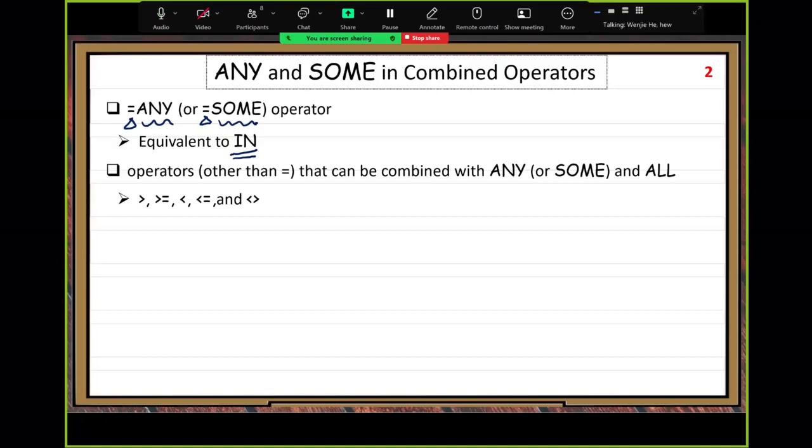Greater than any, the meaning is obvious, right? So sometimes we need to use these combined operators to write our queries, for example our correlated, nested queries.